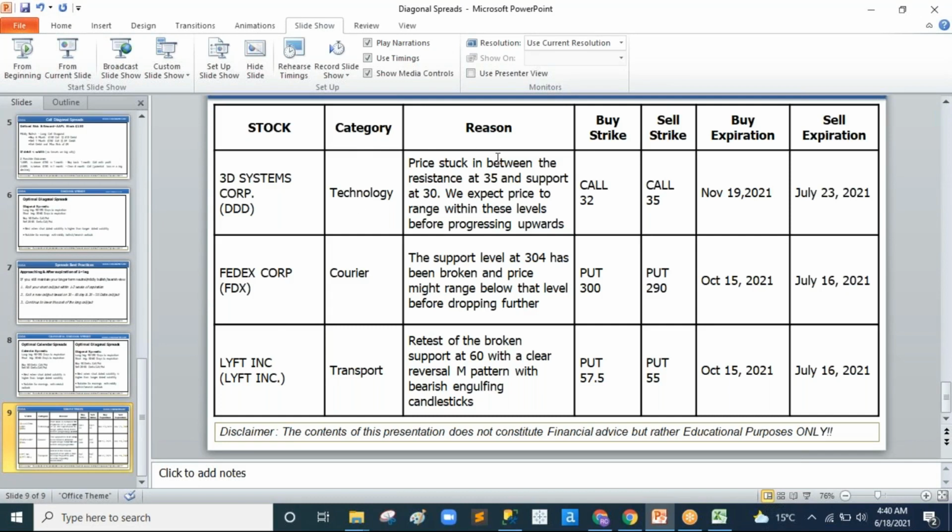The reason I chose it is that price is stuck between the resistance level at 35 and support at 30. We expect price to range within these levels before progressing upwards. Although this was on Sunday, let's see if those conditions still hold. If they hold, we go ahead and implement it.